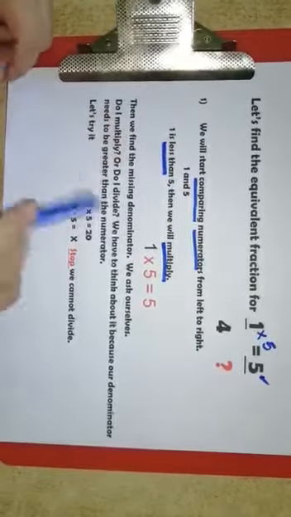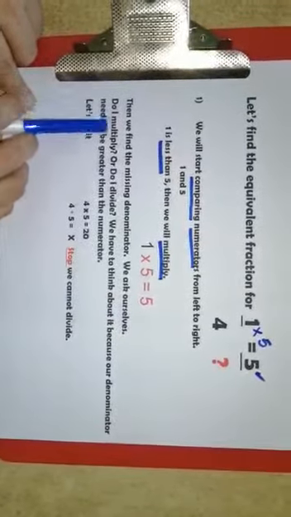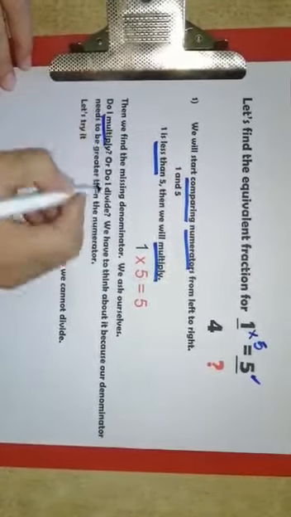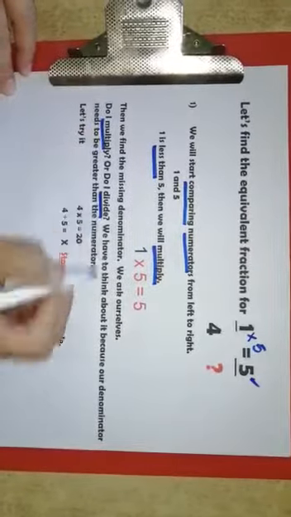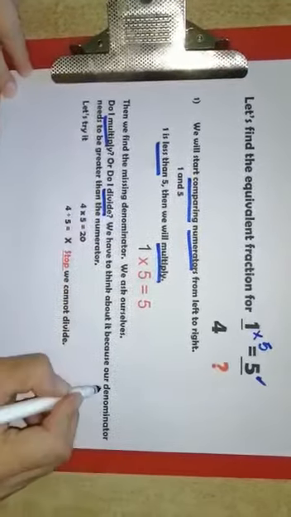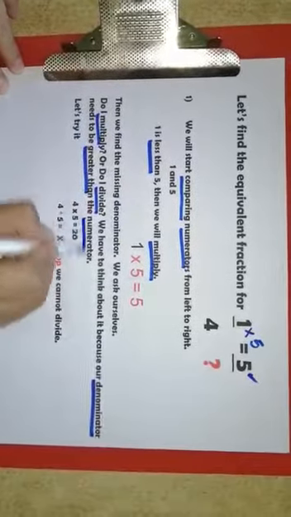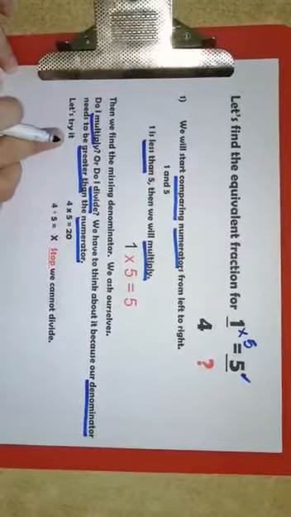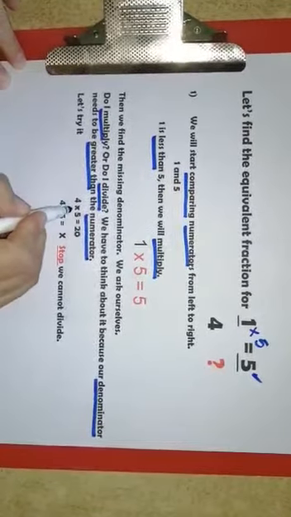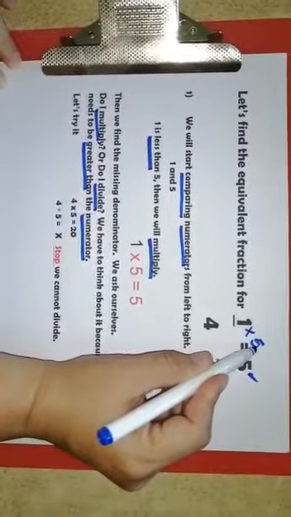Then we find the missing denominator. We ask ourselves, do I multiply or do I divide? We have to think about it because our denominator needs to be greater than the numerator. Let's try it. 4 times 5, remember we're using 5 on the top.